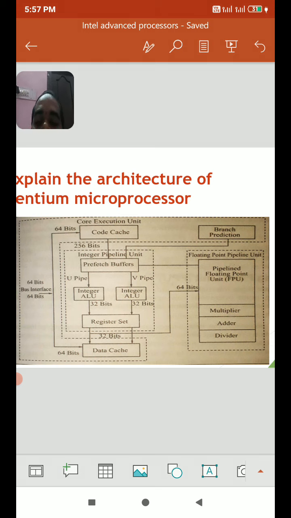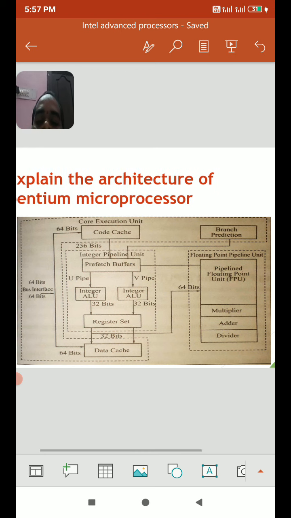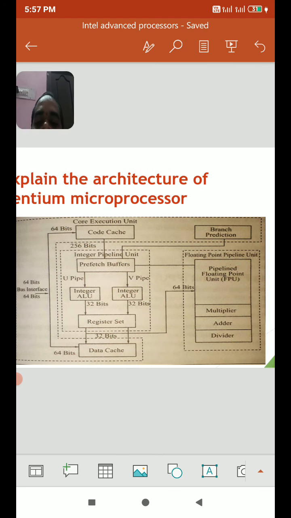That means the total 64 bits of data can be divided into two, so two operating units, integer ALUs like the U pipe and V pipe. Each pipe contains 32 bits, so it processes up to 32 bits of operation. When we perform any operation, we should have memory for storing the data and results, so a register set is also present.